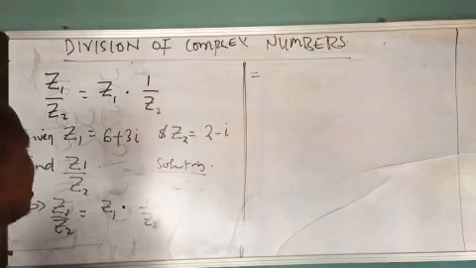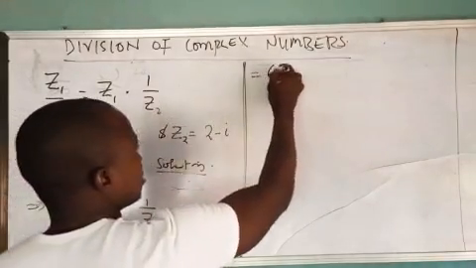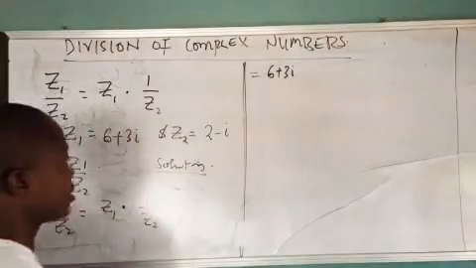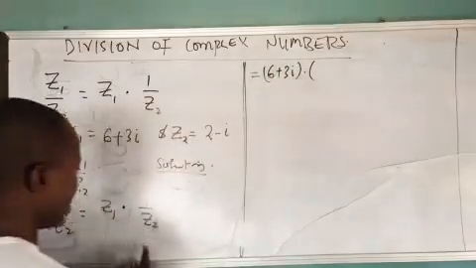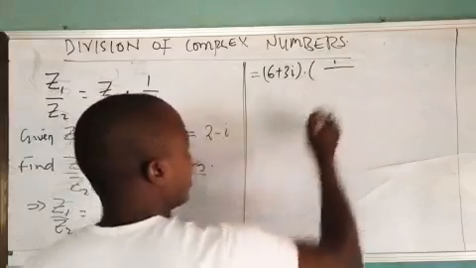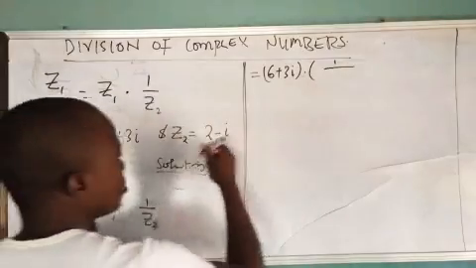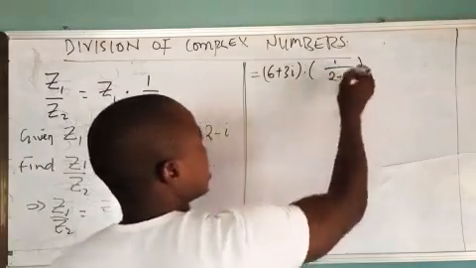From here we have our z1 to be 6 plus 3i, multiplied by 1 over, what is our z2? Our z2 is 2 minus i.